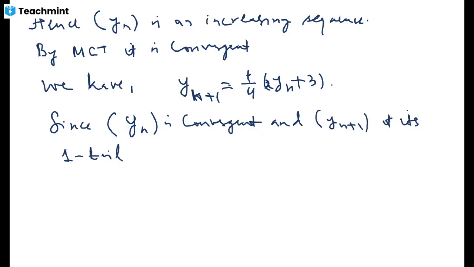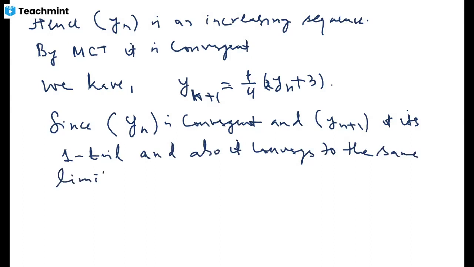It is a one tail, and so it also converges to the same limit to which yn converges. This is true in case of convergent sequences: if a sequence is convergent, then each tail of this sequence converges along with it to the same limit.